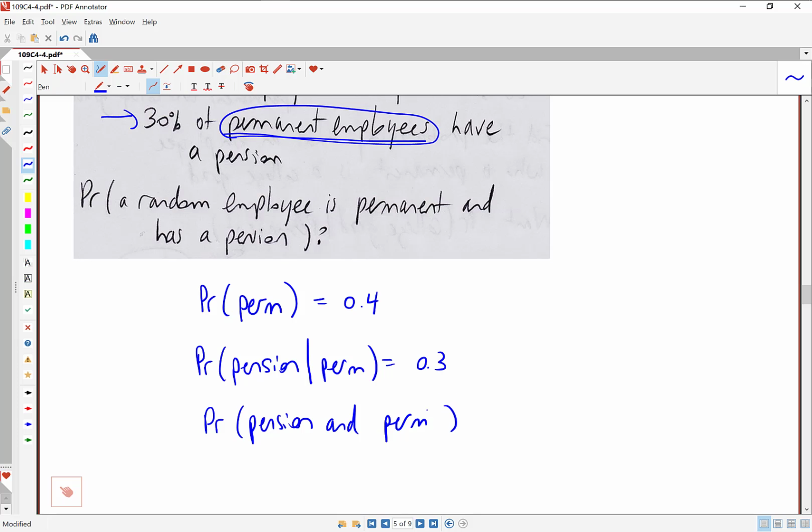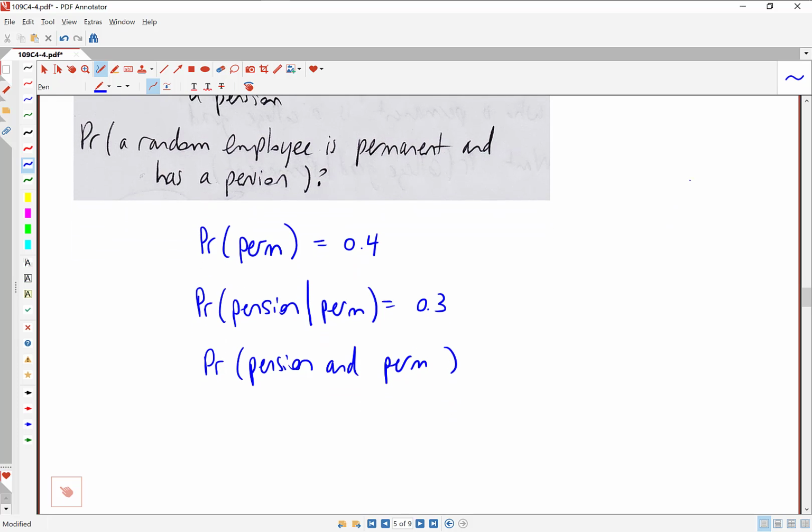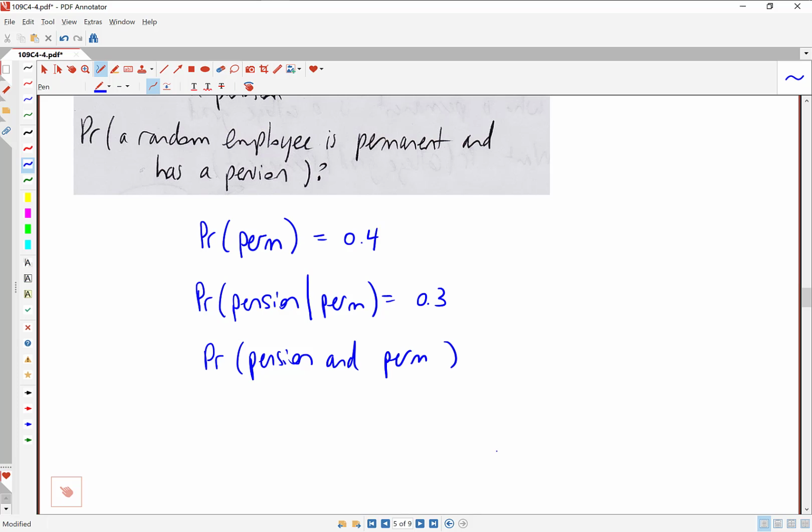That's what we're trying to find. Now over on the side, I will write down the general formula that we have to work with, and we'll see how to use the information from the question. What we said is that if you're trying to find the probability of E and F, one way to think about it is calculate the probability that F happens, and then multiply by the probability of E given that F is happening.